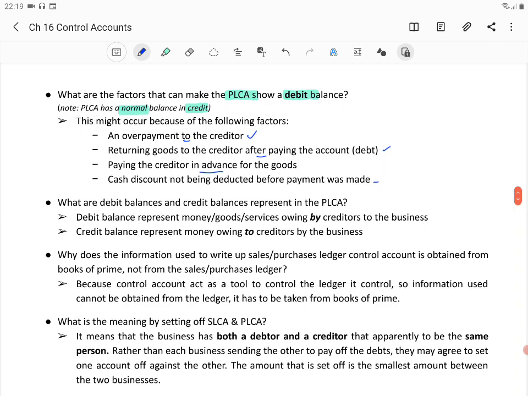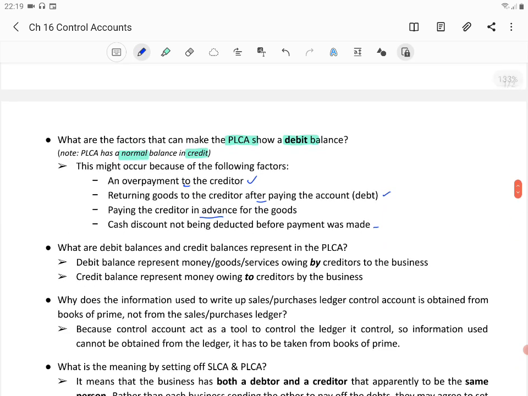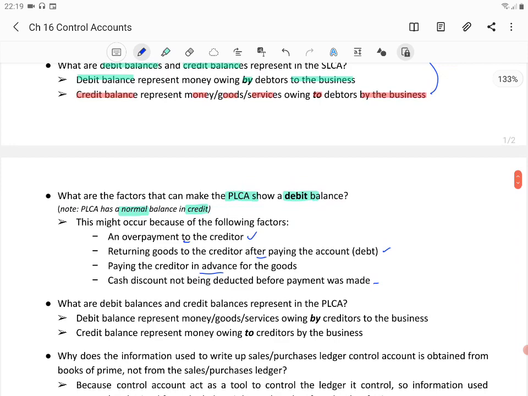Check on the question. What do debit balances and credit balances represent in PLCA? PLCA has a normal balance in credit, so let's see the credit side first.